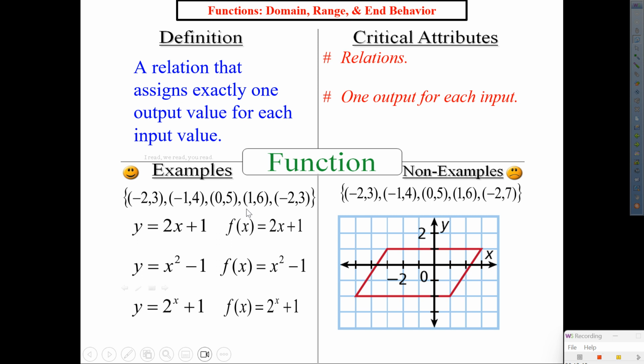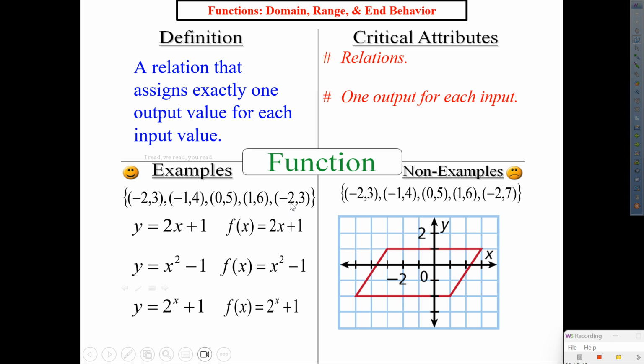All right. Martin, why are these a function? Why are these not? Oh, because the last one is the same as the first one. So, whenever you see an X value repeat, the Y value that we started with should be the same one.